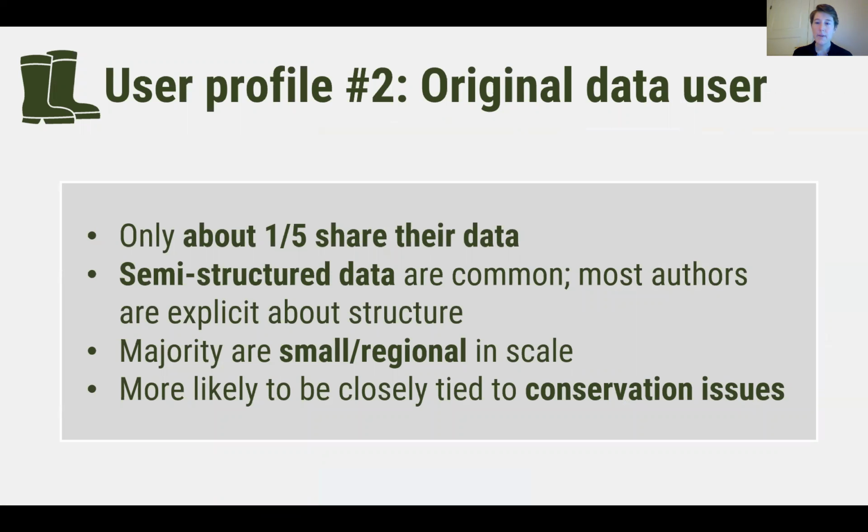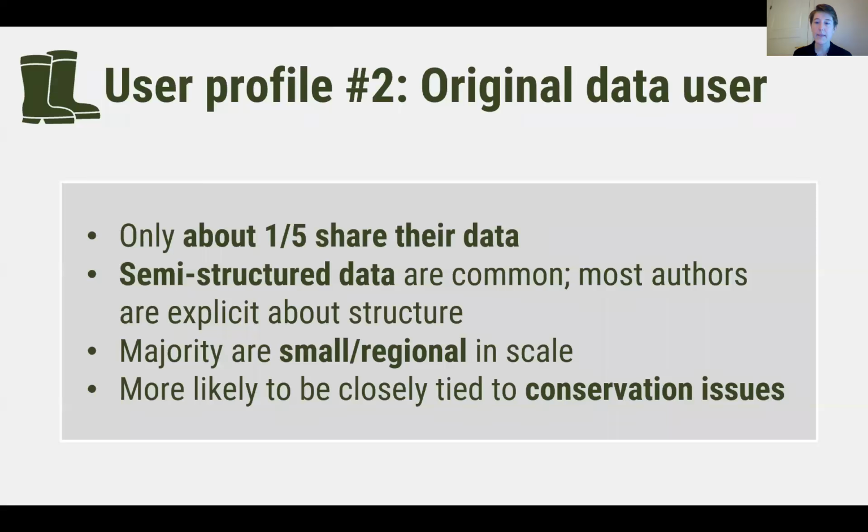So we found with this user group that there's a sizable group of articles where original data are analyzed in a presence-only framework. And I think this group of articles often gets overlooked in conversations about presence-only data. On average, these data tend to be more structured, more often related to conservation, and not so frequently shared.